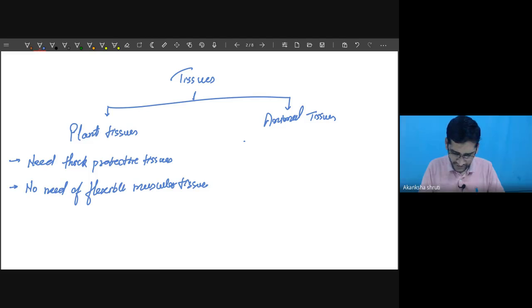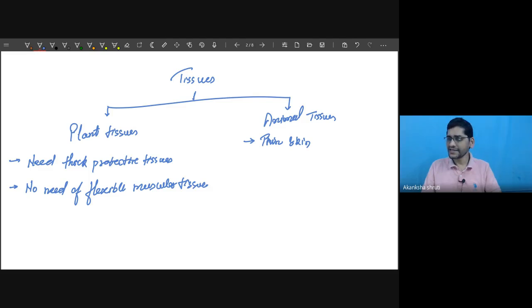But if we come to the animal, animals can live in houses. So a thick protective layer is not on our body. Rather, a thin protective skin is there, just to avoid entry of foreign material inside our body.